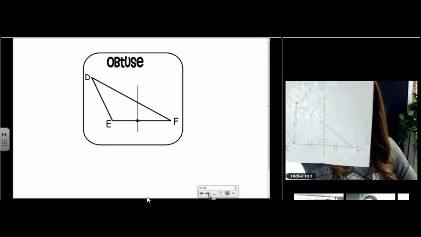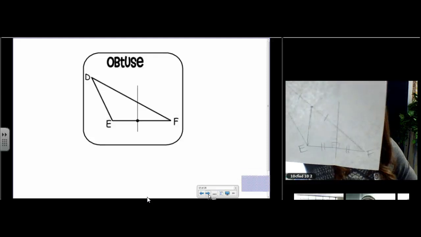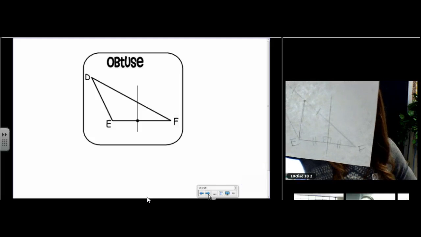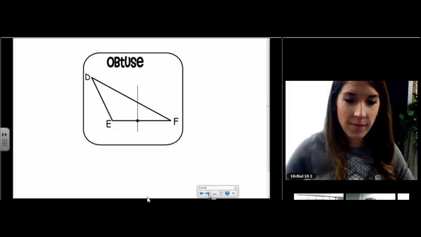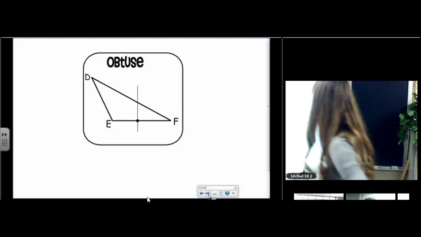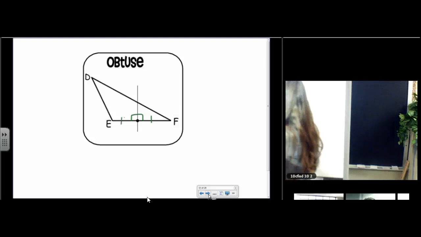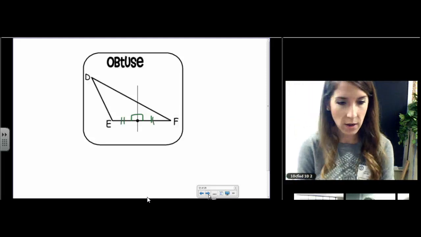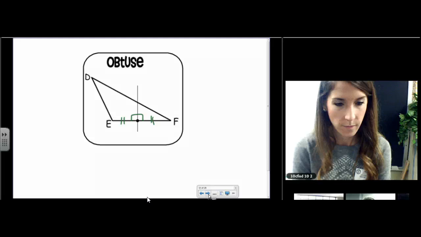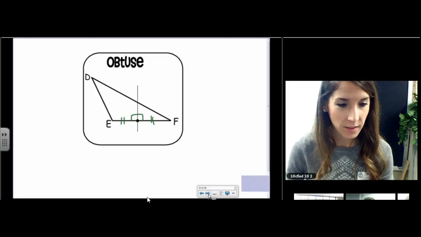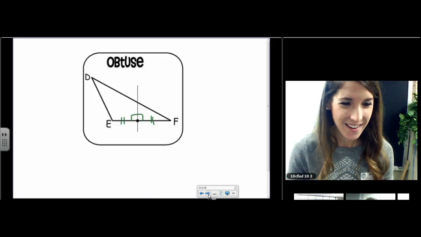So there is a median from angle E and the perpendicular bisector of EF. Good. I'm glad you think it will be easy. And like I said, double tick mark because one tick mark has already been used. Okay?